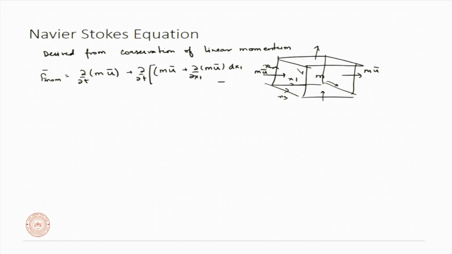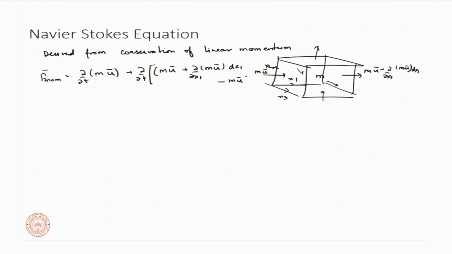So, this will not be u vector, this will be along u_1. You can take it as vector for now, plus ∂/∂x_1 of m u vector dx_1, let me write it clearly, minus m u vector.